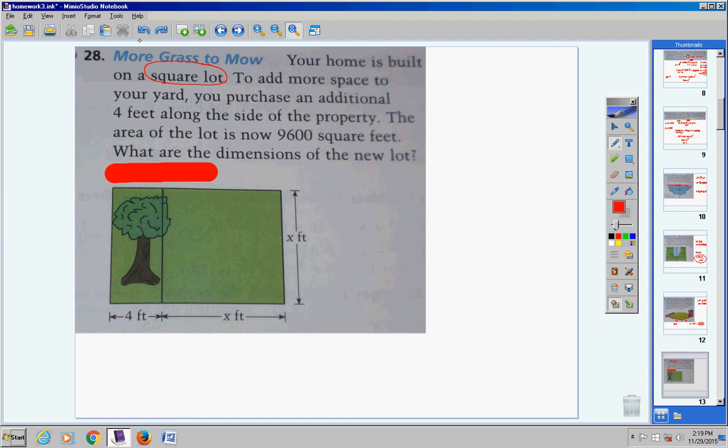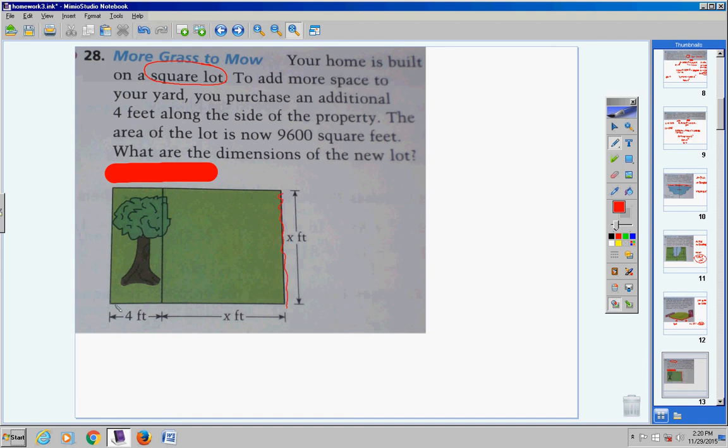Now, let's think this through. We've got to come up with an equation in which we can solve for x. Well, ask yourself, what kind of information have they given you? They've given you the area, correct? The area of this entire rectangle is 9,600 square feet. What's the length of this side here?